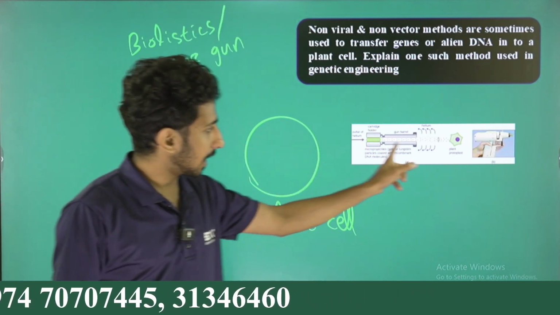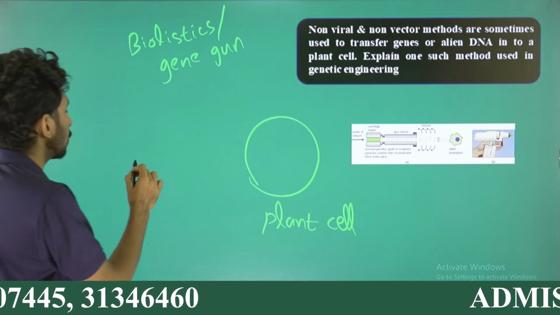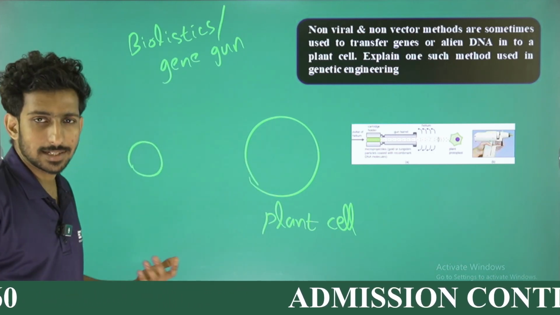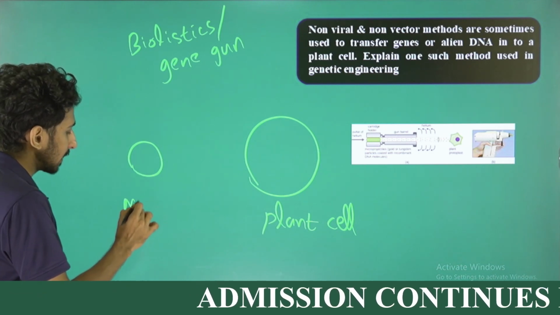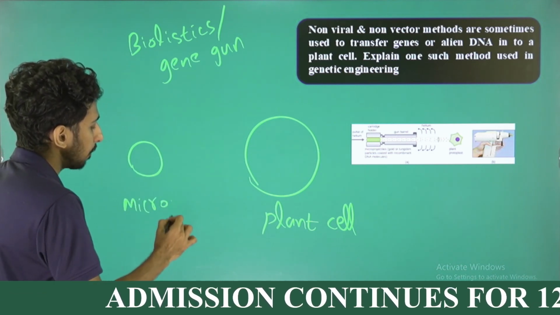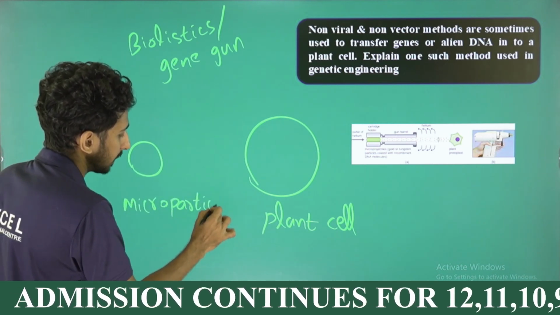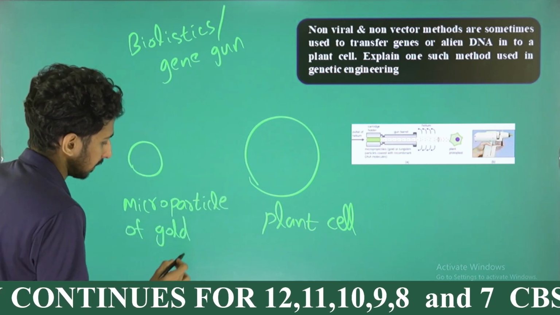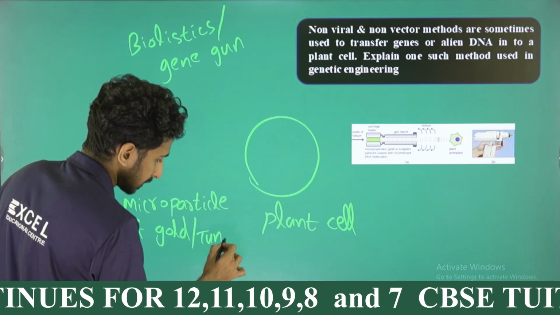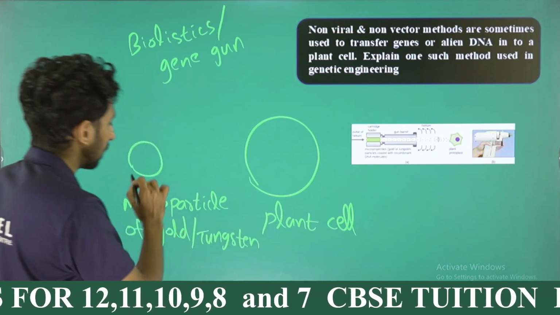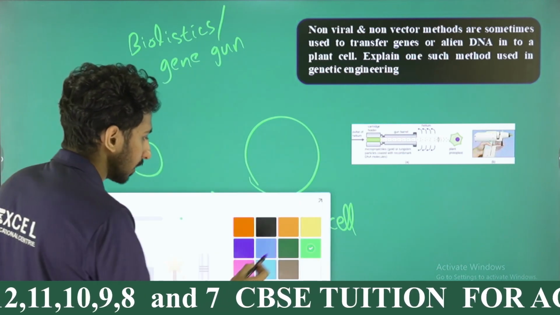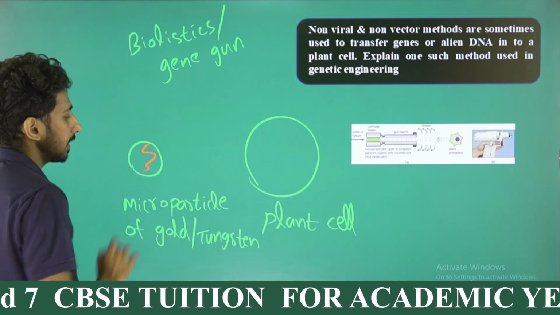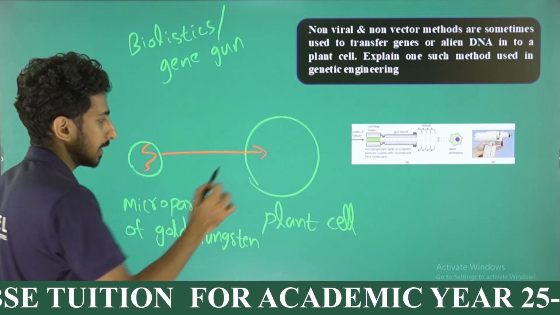This is the diagram of gene gun. See, shooting something into this. What is that something? Shooting microparticles of gold or tungsten coated with DNA into the plant cell.